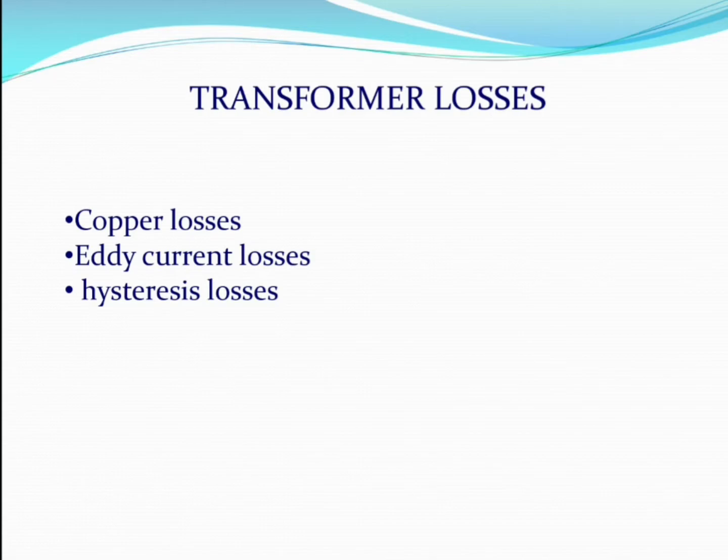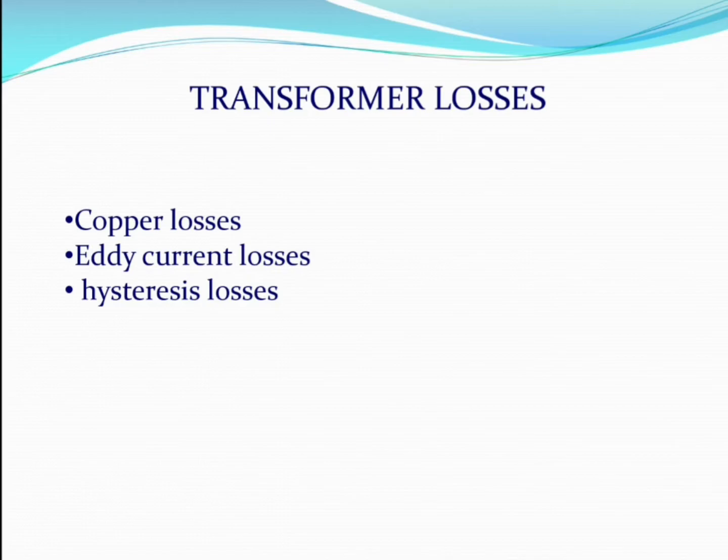The second one is eddy current losses. Now what is eddy current? Here in the transformer we are applying an alternating current in the primary coil. This alternating current will generate a swirling current in the core. Swirling means completely changing current. This swirling current is known as the eddy current.